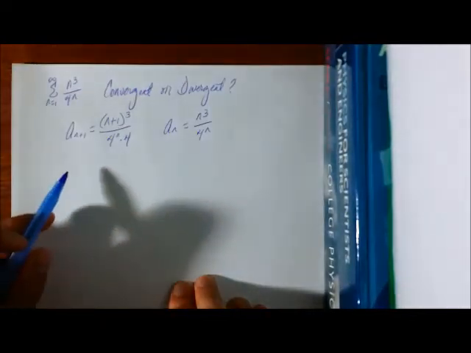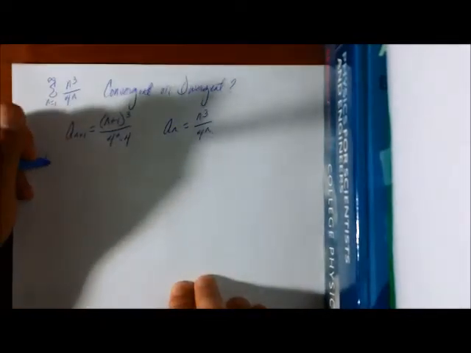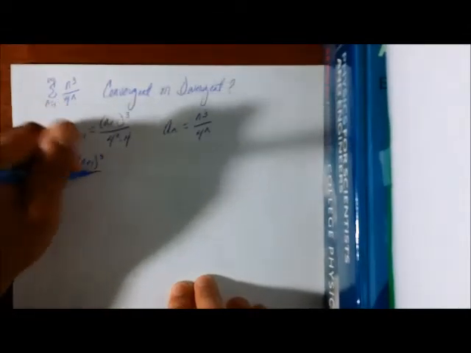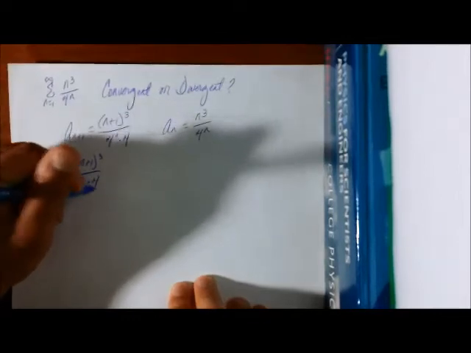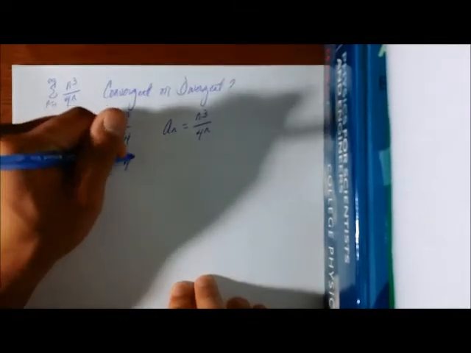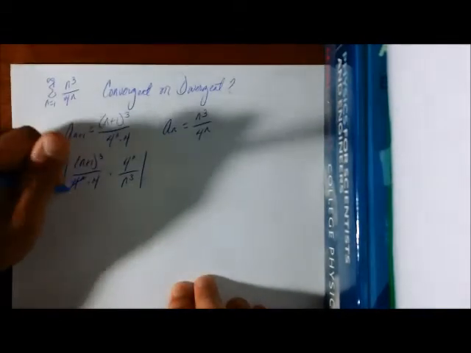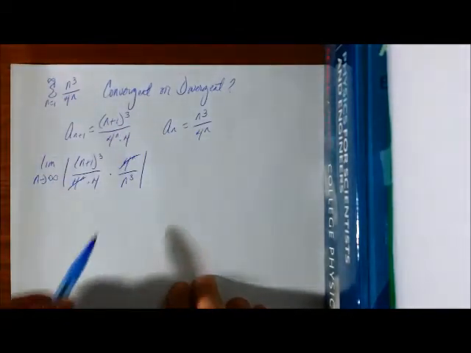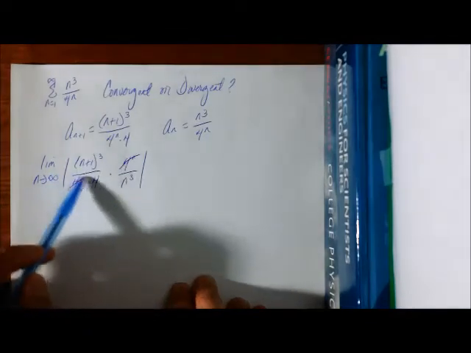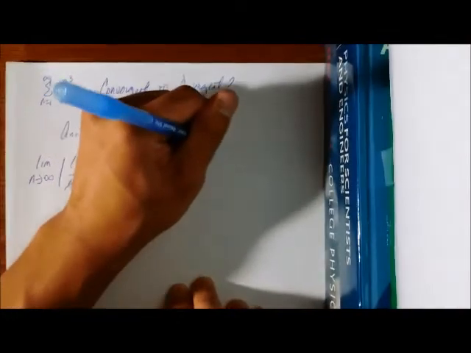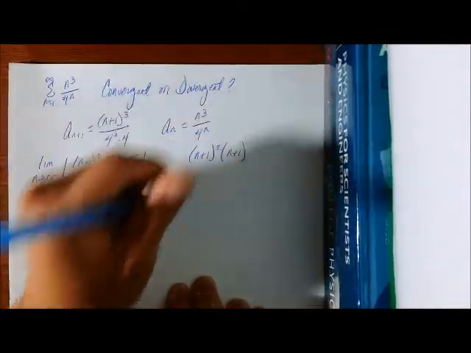We need to take the limit, so we write the limit as n goes to infinity of the absolute value of n plus 1, all cubed, over 4 raised to the n times 4 times 4 raised to the n over n cubed. The 4 to the n's will cancel, but the n cubed and n plus 1 cubed do not readily cancel. You have to expand the binomial in the numerator, but you do not have to expand it completely.